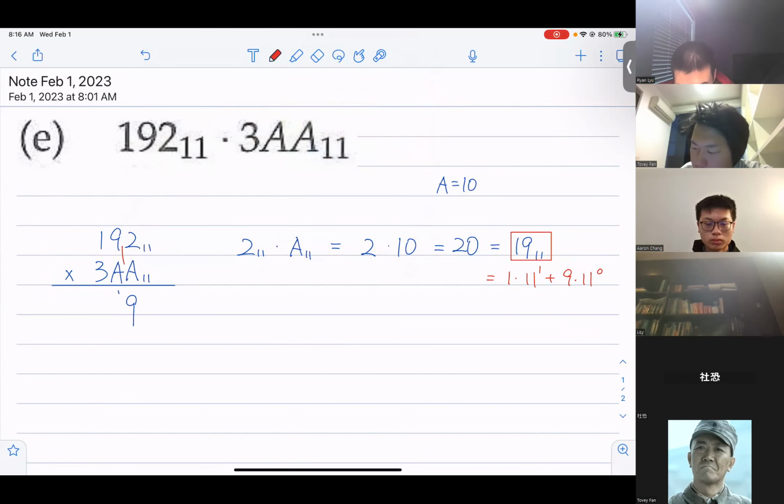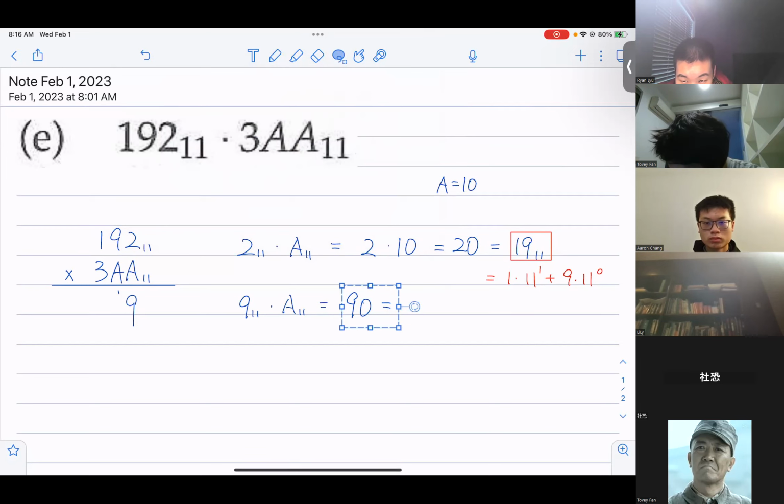了，对不对？OK 吧？所以我们还是一样嘛，so 9 times a. So again, that's 9 times 10 in base 10, 90 in base 10. 大家都没问题吧？So 90 in decimal system, right? And then you have to convert it back to base 11.